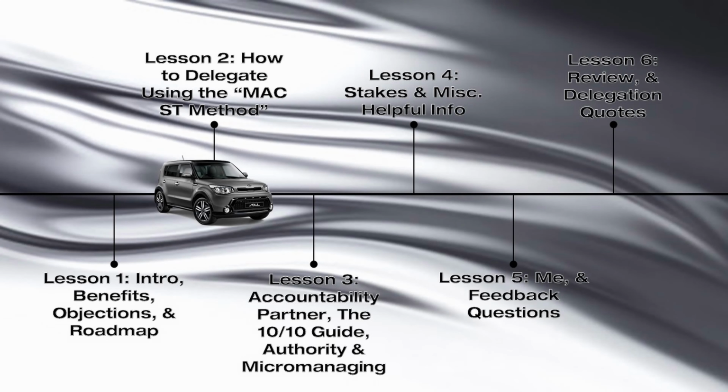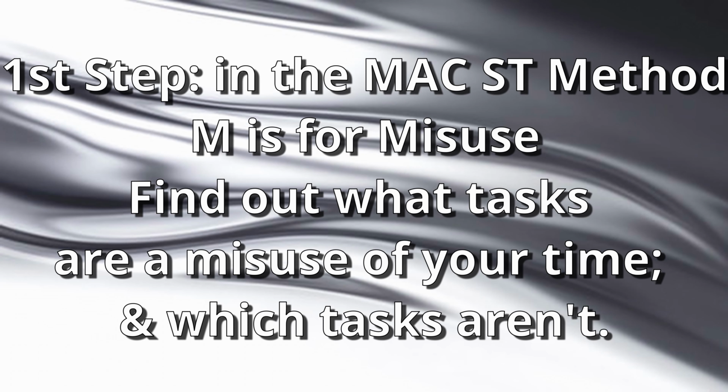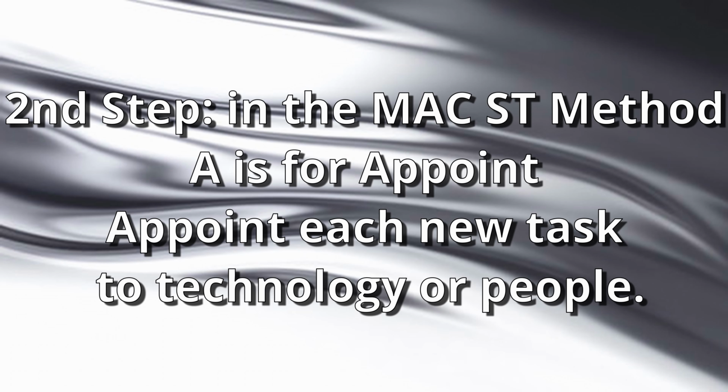The 3 R's and why. The first R is the roadmap. As you can see behind me, there's a step-by-step roadmap about the whole MAC ST method. Second R is review. Today you learned how to use the MAC ST method. The M in the MAC ST method was misuse of your time. The A is for appoint, appointing the tasks to technology or people.